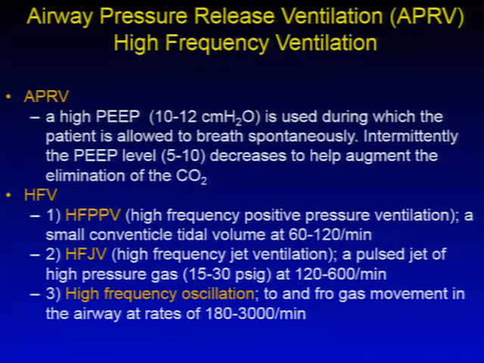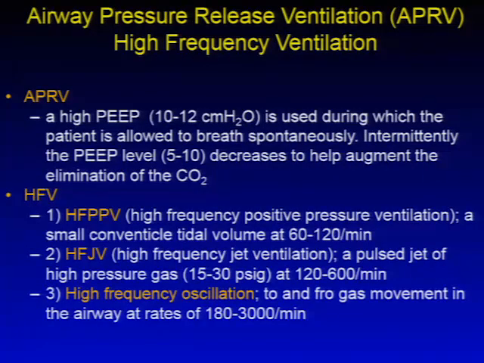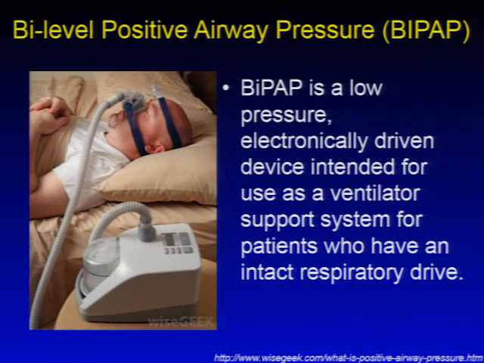This is the to and fro gas movement in the airway at a rate of 180 up to 3,000 per minute. It's important to allow the patient to exhale in order to prevent valvular trauma during HFV.